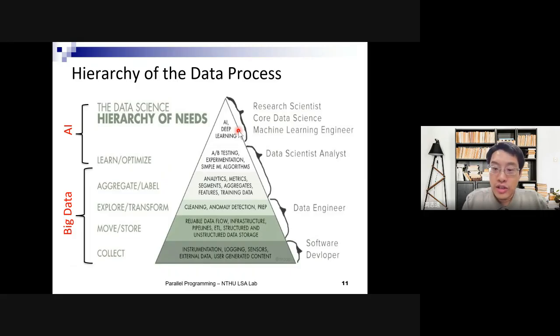Okay, so you can see the scientist is more about data and the algorithm, and the engineer is more about the end-to-end solution, the software, and how to manage and deploy the solution in the real world. All right, so you can see this is also a long process, and in order to be successful, usually a company needs to have a solid foundation in big data, and then they are capable of exploring AI solutions.